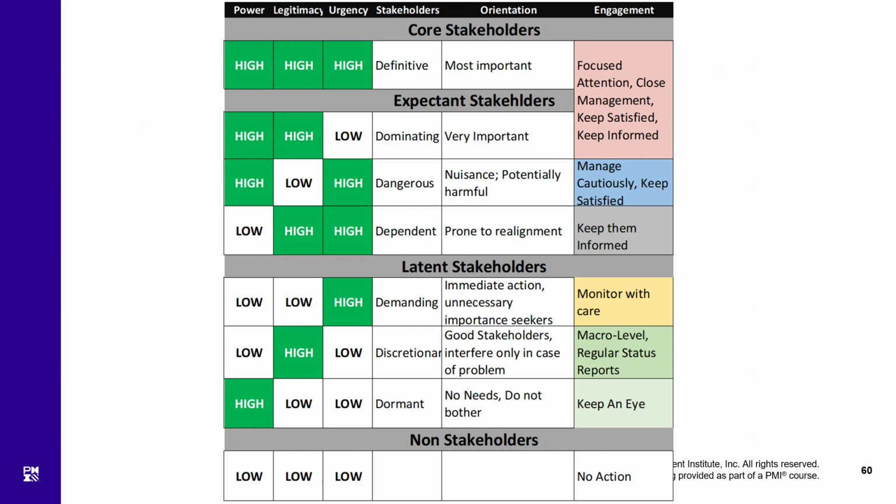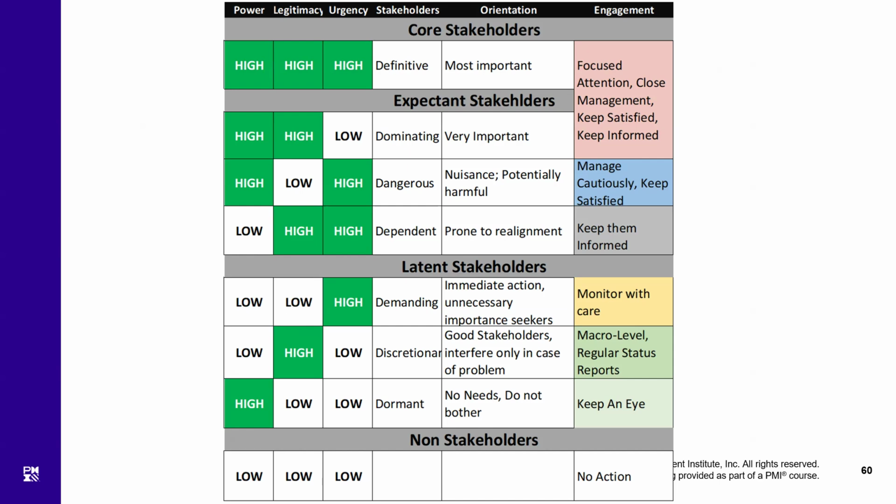But until and unless the parliament forwards a case to me, I'm not in a position to order them around. So I have got a lot of power, but no legitimacy until someone asks me to issue that order, or I have no urgency. Urgency also comes from elsewhere. So this is a dormant stakeholder.